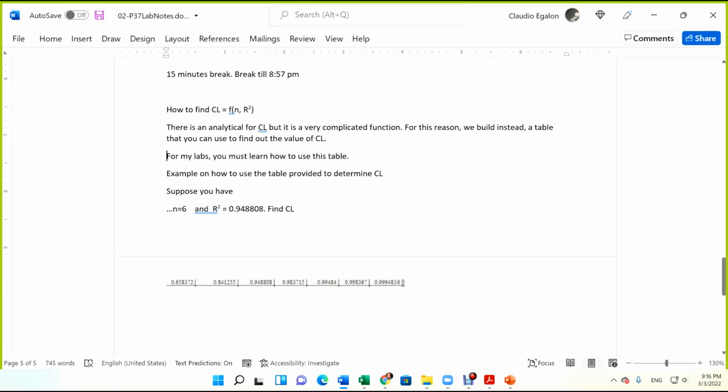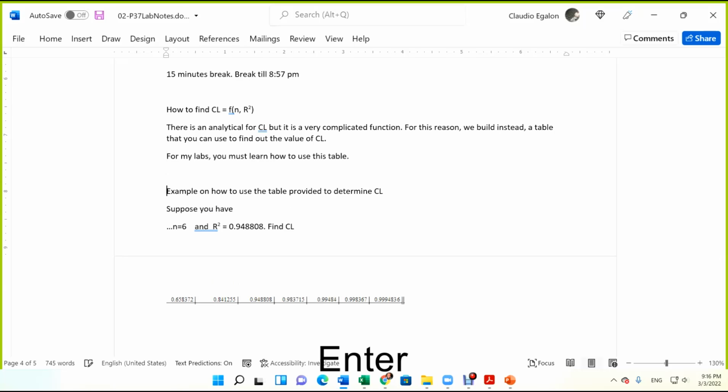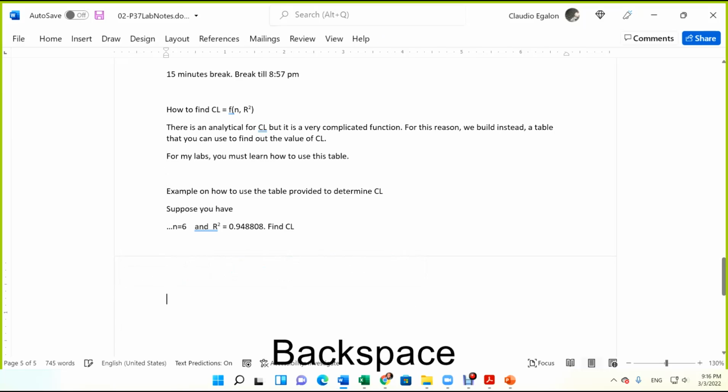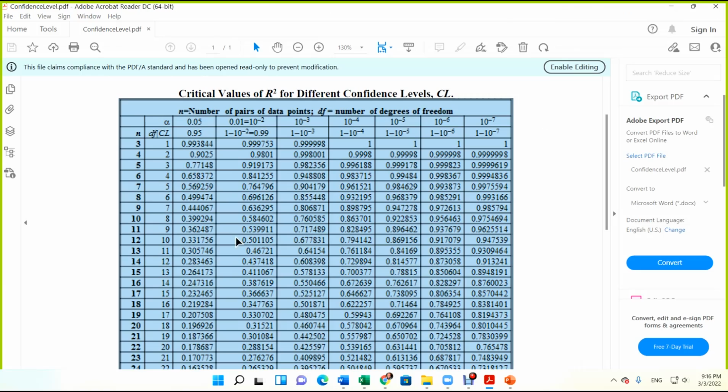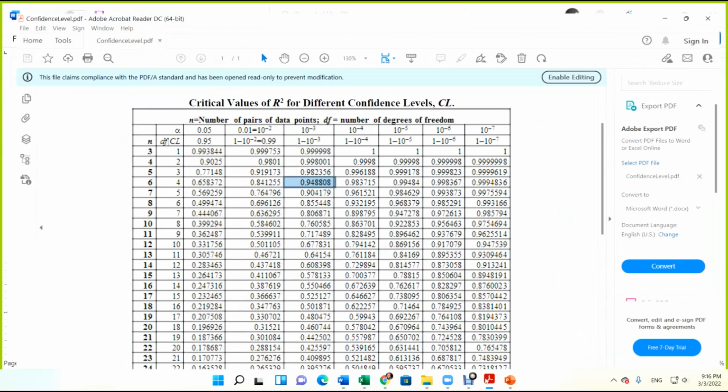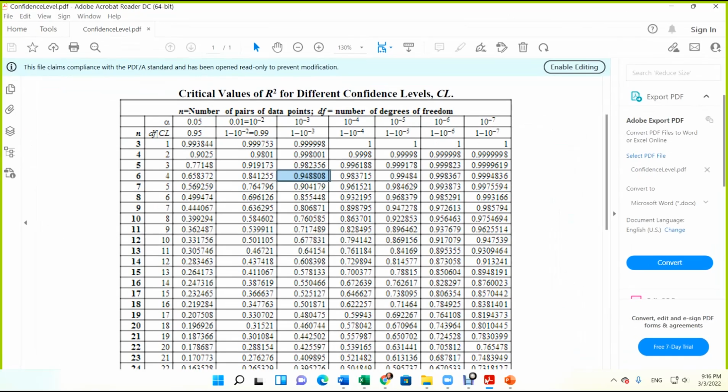Exercise, simple exercise. The way you do it is, here you go, n equal to 6, and that's the value that, let's say, you got in your graph for r squared. 948808. What is the CL?